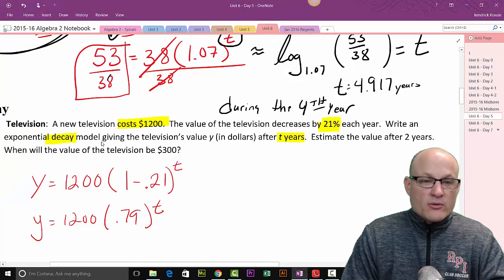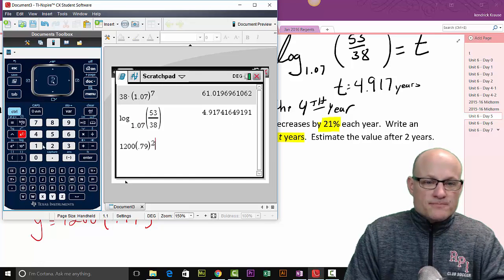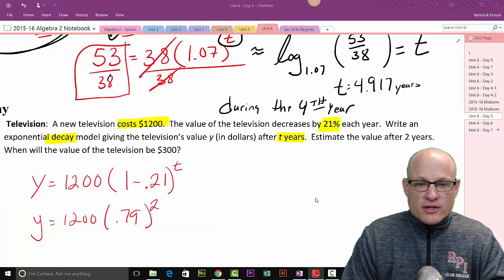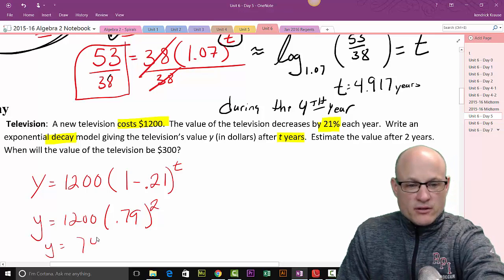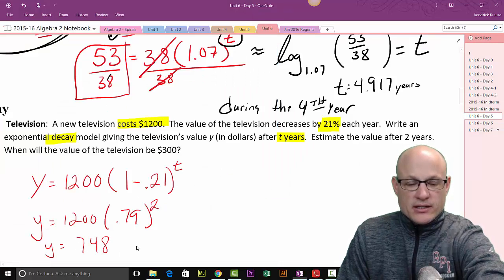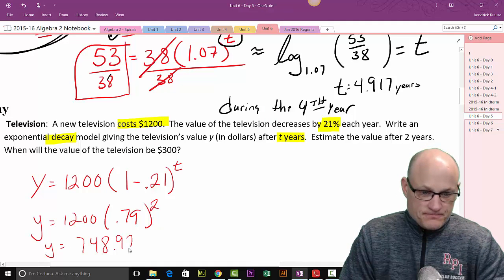Did we say second power? Oh, we didn't want t. We wanted 2 years. We're doing 2 years. So we do 2 years squared. $748. So y equals $748.92.